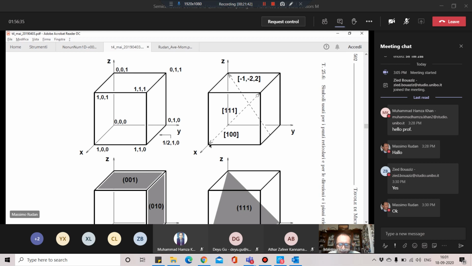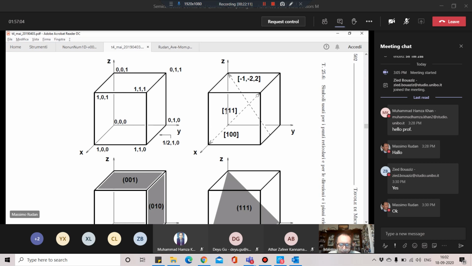Let's take another example. You want to describe the crystal direction that goes from the origin again to the vertex of the cube that is opposite to the origin. So it goes from 0, 0, 0 to 1, 1, 1. Okay. If you repeat the construction, you have 1 minus 0, 1 minus 0, 1 minus 0.